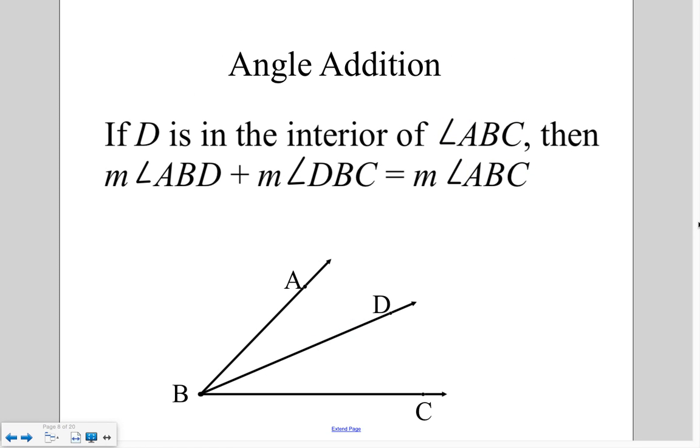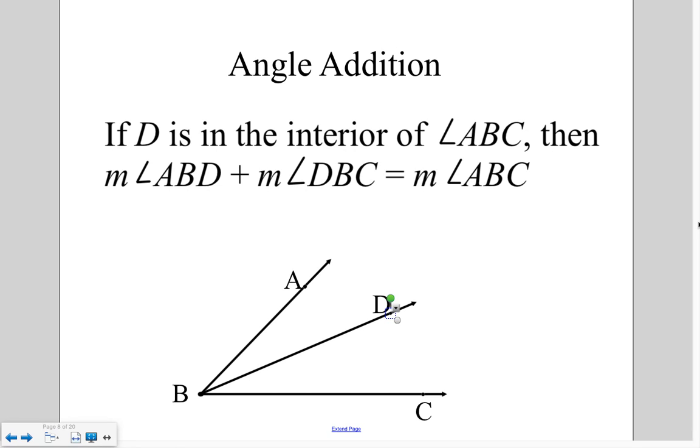Angle addition. Okay, these next handful of slides are going to be very similar to our segment slides. Just like we had segment addition, we also have angle addition. So it says if D is in the interior of angle ABC, meaning that this point D is contained somewhere inside angle ABC, right?